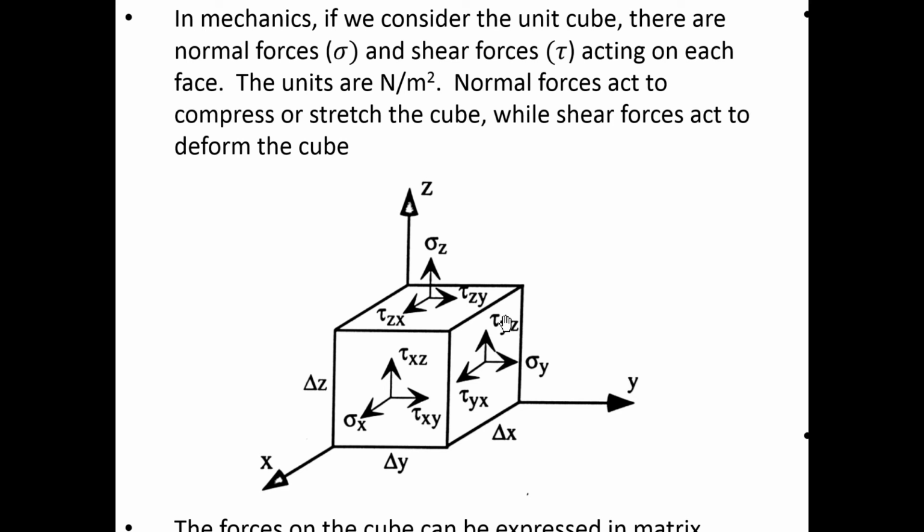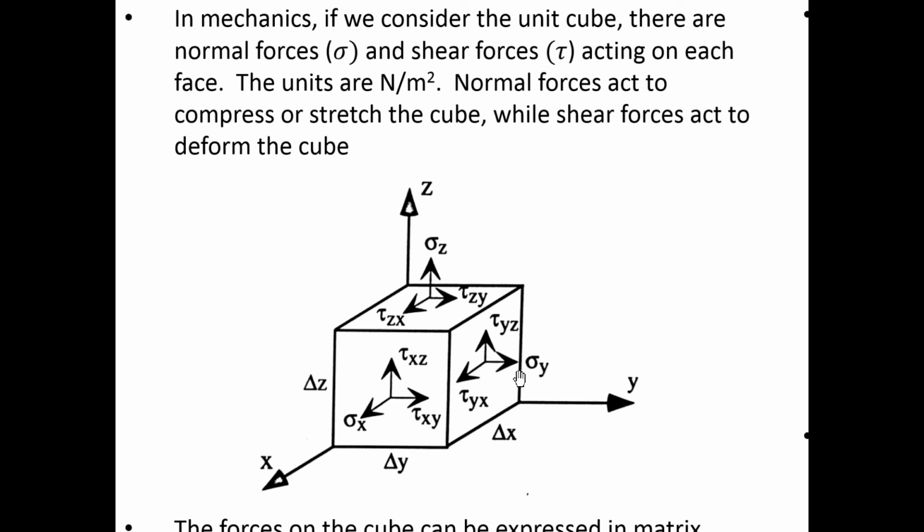Since we're talking about fluids, consider this block just a small cube of fluid that may be flowing through a microchannel or may be stagnant, whatever. It's a small packet of fluid. Now, on that packet of fluid, there are many forces being exerted on it. Some of these forces are normal. A normal force would be a force that's orthogonal to the surface.